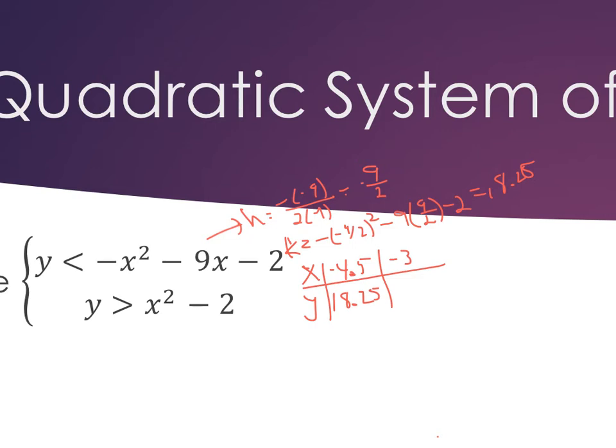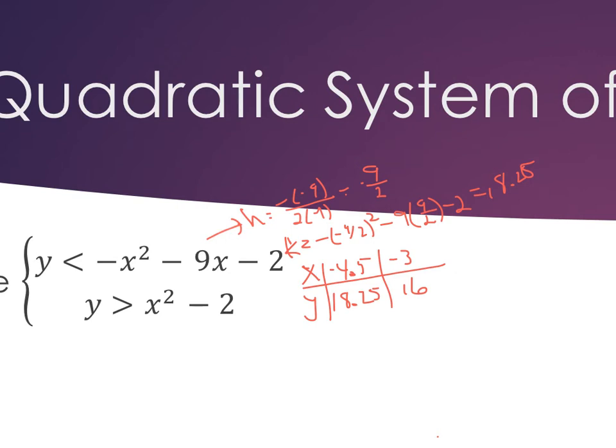If we plug negative 3 into the x in the original problem, notice we have negative 3 squared, which is 9, times negative 1, negative 9, plus 27, and then minus 2. Negative 9 plus 27 is 18, and 18 minus 2 is 16.